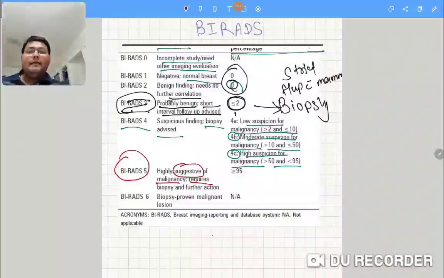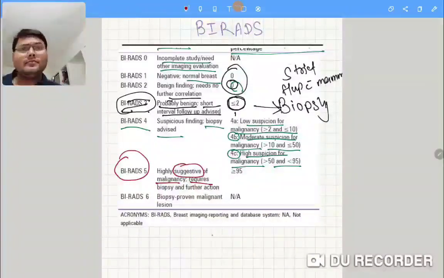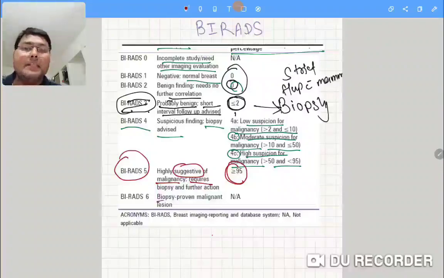And the likelihood of malignancy is 95%, more than or equal to 95%. BI-RADS 6 is a biopsy-proven malignancy. You have to go for a surgical intervention in this patient. Right? So this is all about BI-RADS.